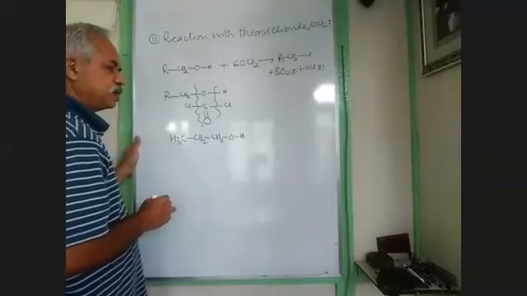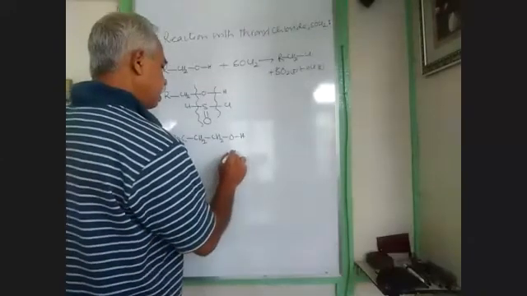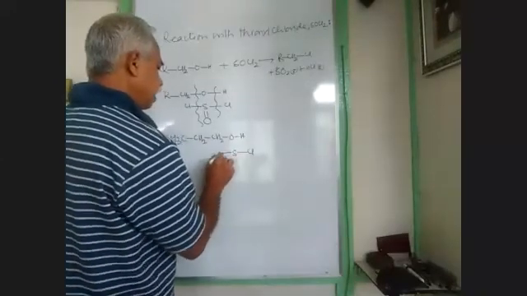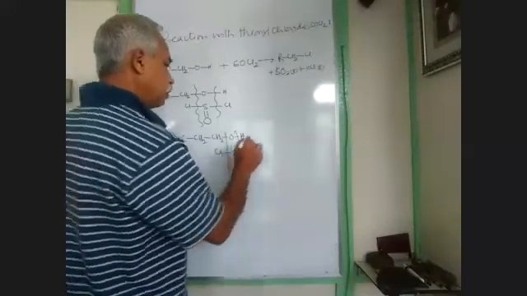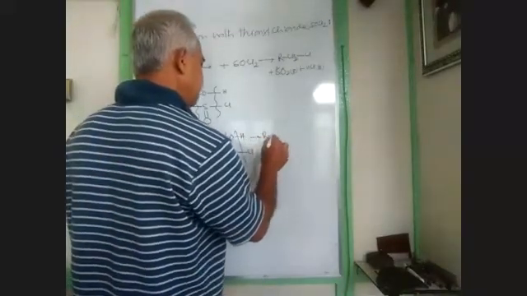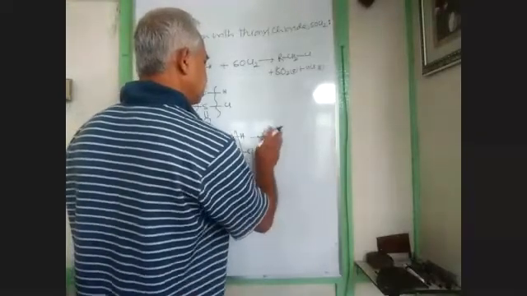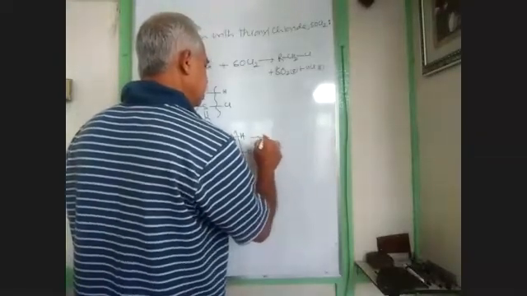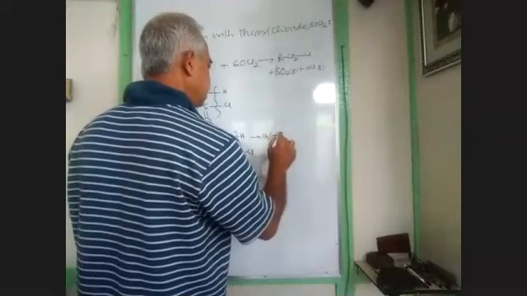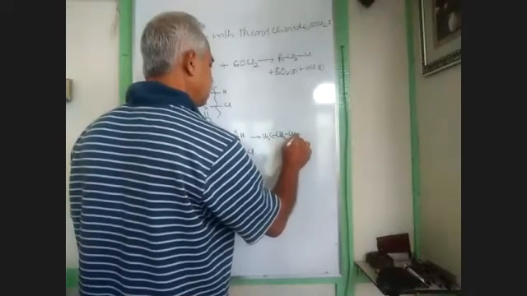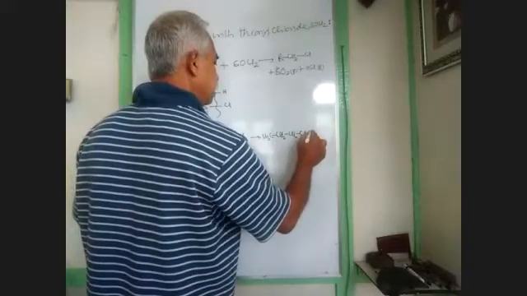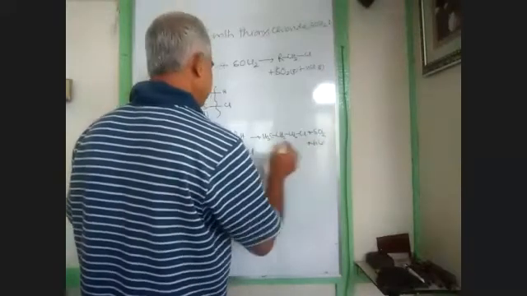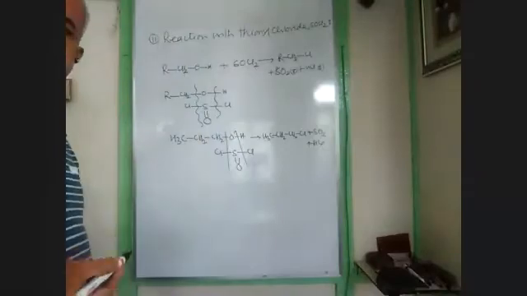If it is a reaction of thionyl chloride, what you write? S, Cl, Cl, O. So what you get here? It is CH3, CH2, CH2, Cl plus SO2 plus HCl. See, automatically the product comes.